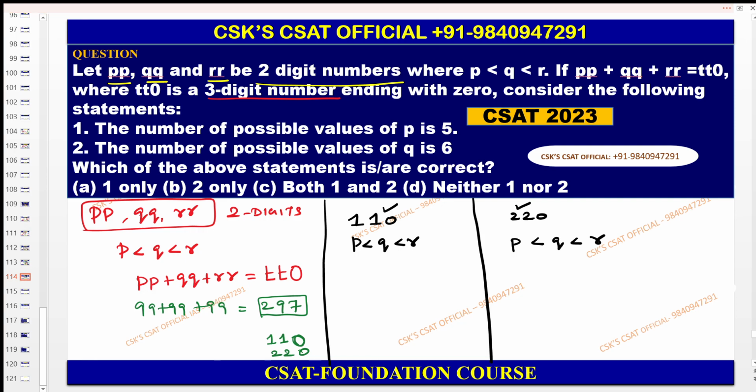And next thing you need to remember: P can be 1 here. If your P can be 1, then what would be the Q? Listen very carefully. It is in the format of PP, QQ, RR, and the resultant is TT0, which means that when you are adding P plus Q plus R, the unit place has to be 0.